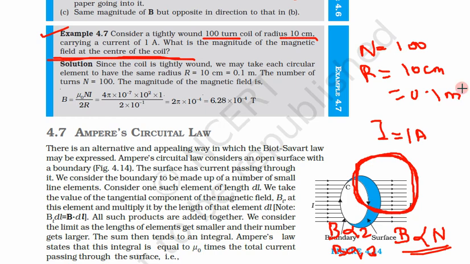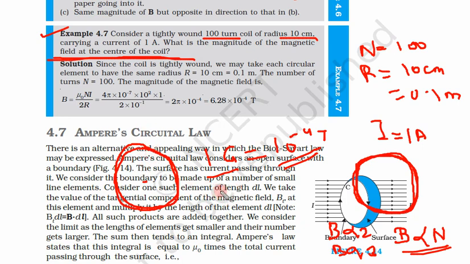Let me show here, suppose we have one loop, and if this one loop is producing magnetic field of 1 Gauss, and you know what is Gauss? 10 to the power of minus 4 Tesla. If one loop is producing magnetic field of 1 Gauss, suppose I double the number of loops, so the wire is lengthy, so now there are 2 loops.